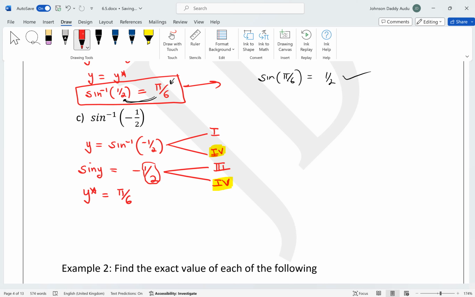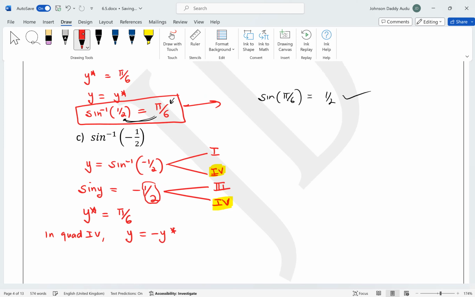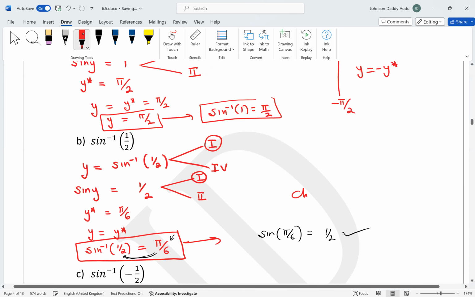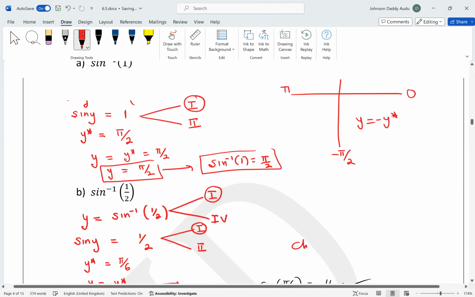But since we are in the fourth quadrant, what can we do in quadrant 4? We know that y is going to be minus y star, right? And that is coming from this chart.